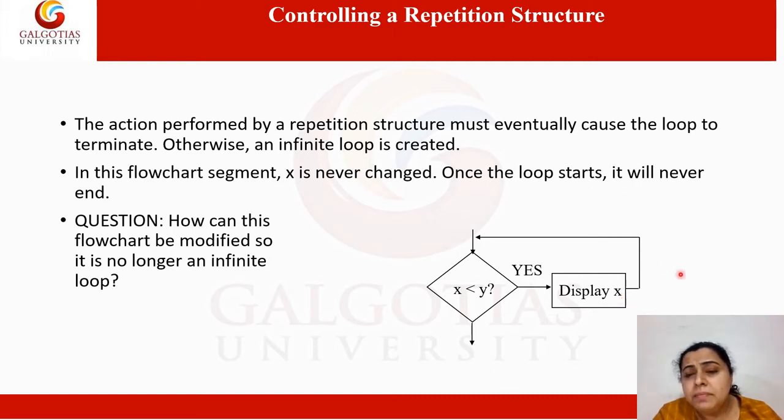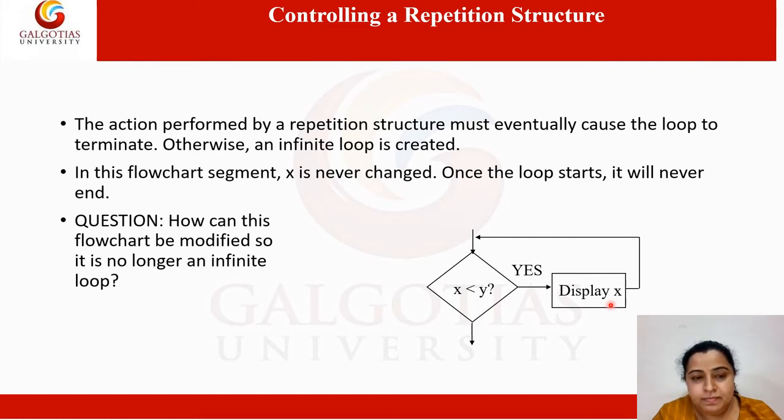Why? My program is stuck. It will never ever leave this decision box. X is less than y, display x. It will keep on displaying x till we kill the program. How can we modify it? I've shown you an example how it can be modified. We need to add 1 to x.